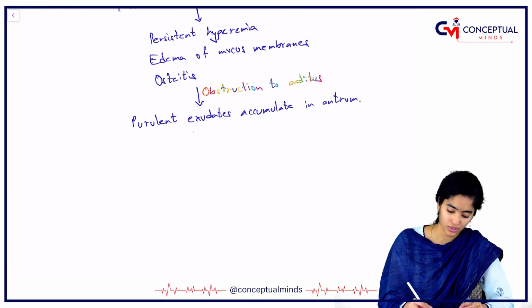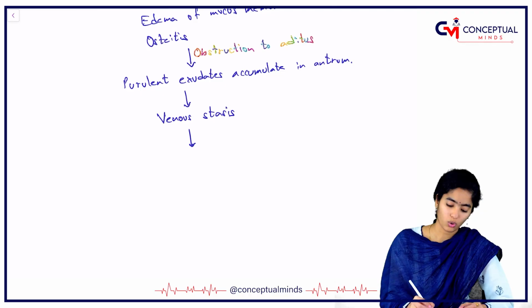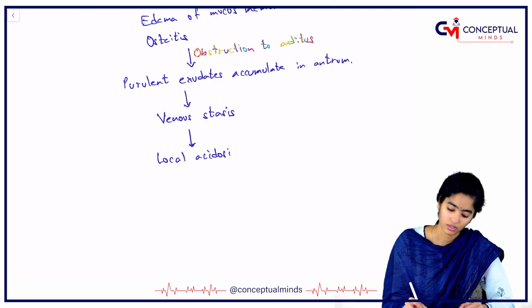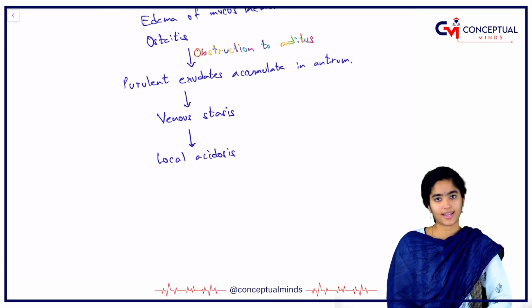Now, because of the pressure effect, what happens is venous stasis occurs. Venous stasis will lead to local acidosis, isn't it? Now also, when there is venous stasis and local acidosis, calcium is being reabsorbed into the blood. From where is that calcium being formed?